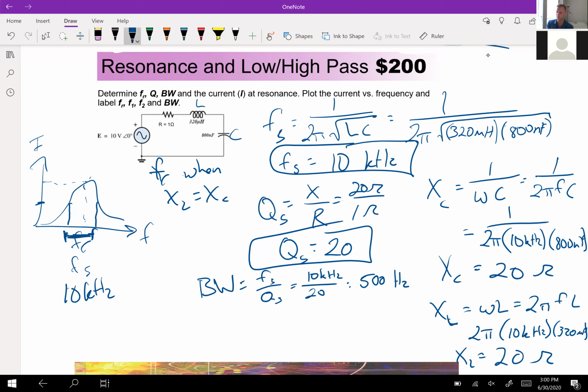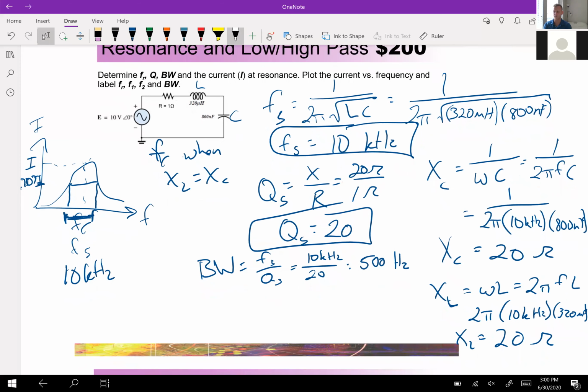In between those, if this was the maximum I that could be achieved, then that point right there is where 0.707 I is achieved. So that's what's allowed to go through. There's the bandwidth. It's where it's still a high enough quality for us. That's why the bandwidth is based on the quality, a high enough quality that it's still considered within resonance.